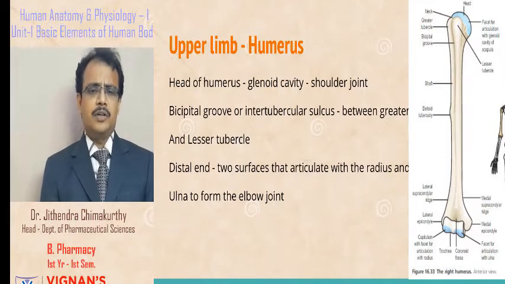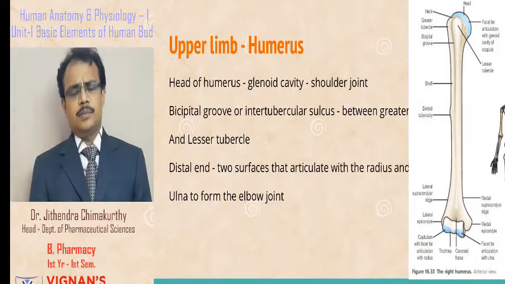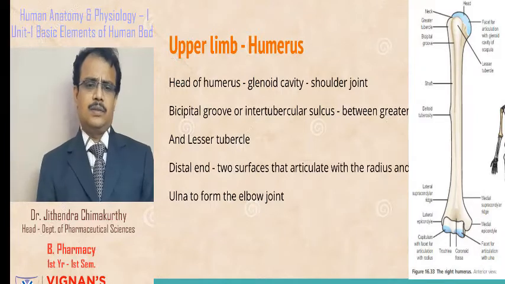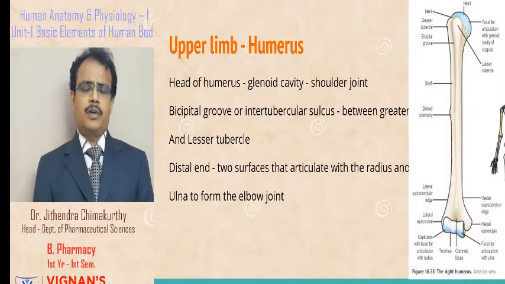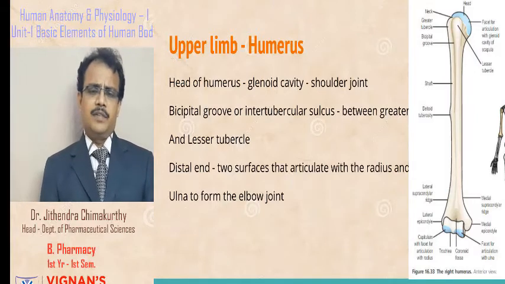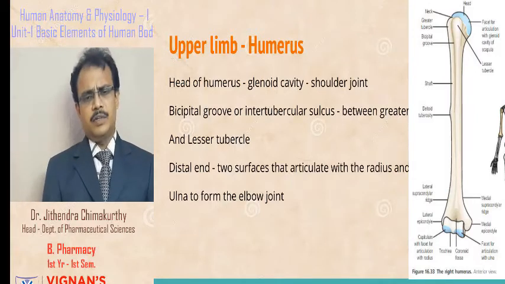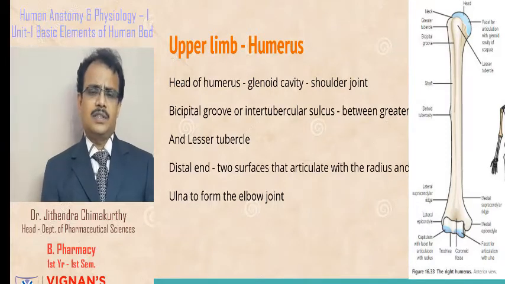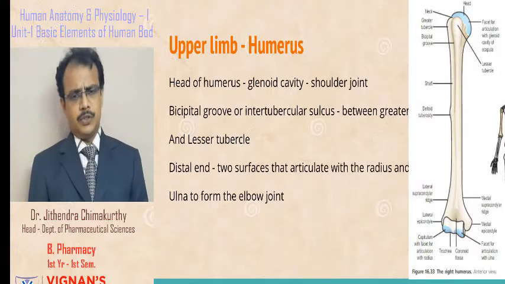one of the tendons of the biceps muscle, whereas at the distal portion of this humerus it consists of a trochlea which forms articulation with the radius and ulna to form the elbow joint.